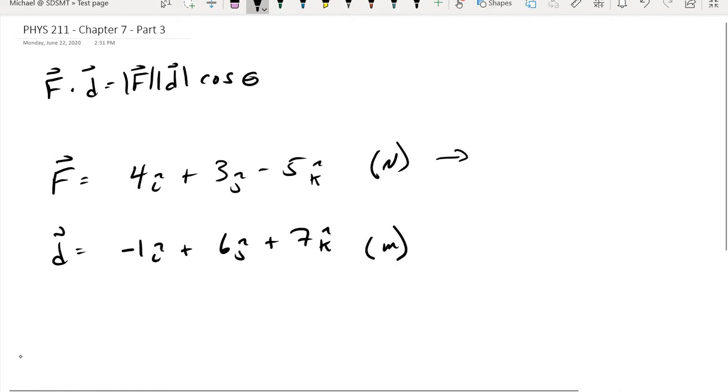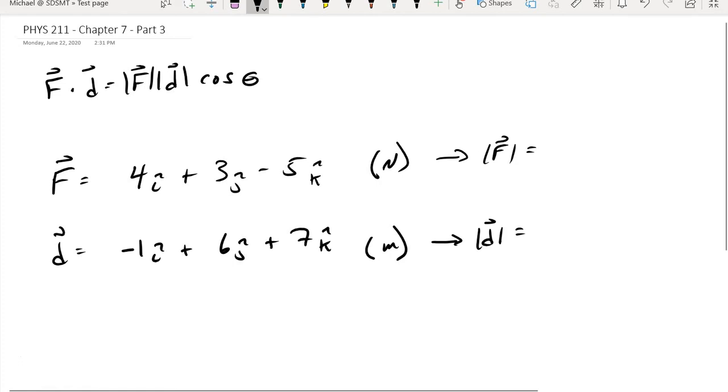Well, it's not that difficult for us to find the magnitude of these two vectors. All we have to do is take the square root of the sum of the squares, and we get the magnitude of each of those vectors. Well, all right, let's take a moment and plug all that information in.